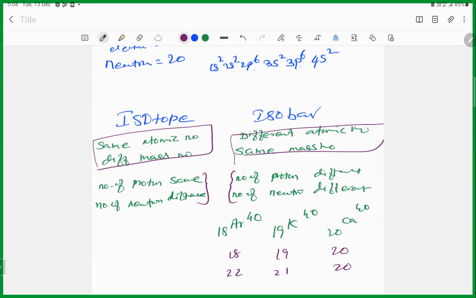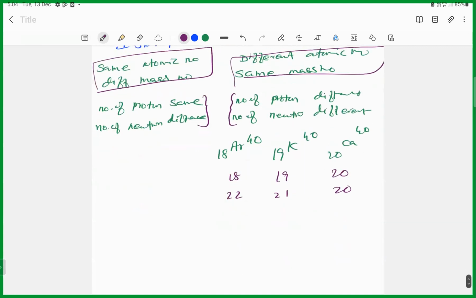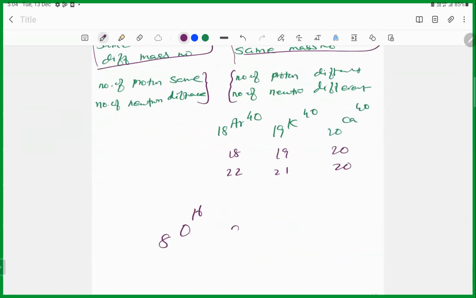So you tell me, I will write some examples. 18 oxygen 16, 18 oxygen 18. Whether it is an isotope or isobar? Isotope. Why is it isotope? First of all, it's the same element, and second, the mass number is different.